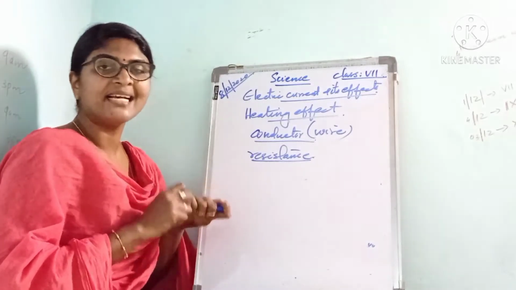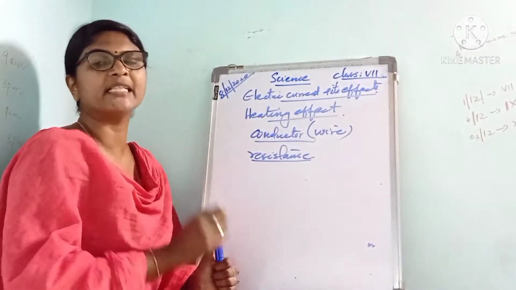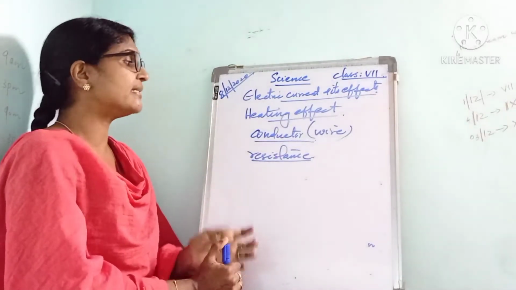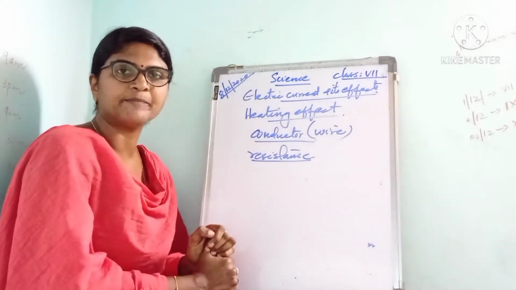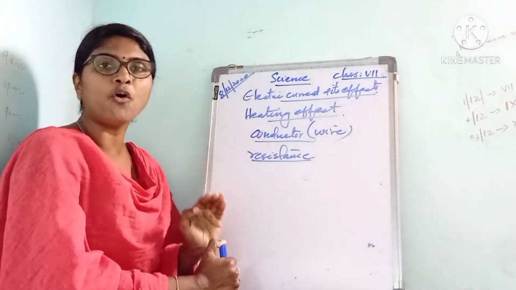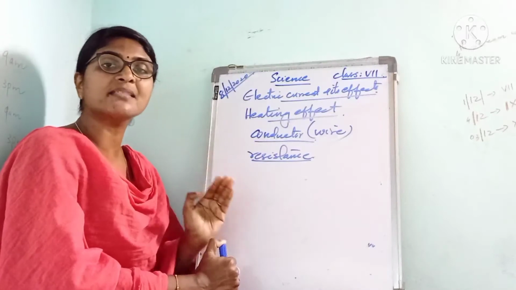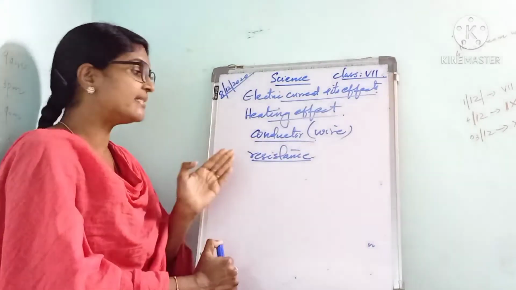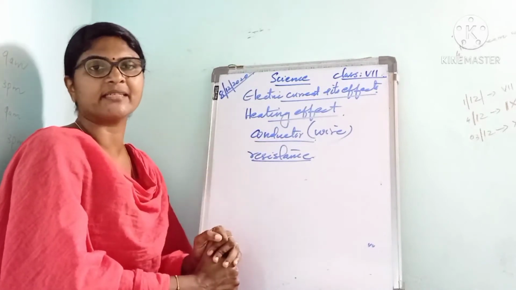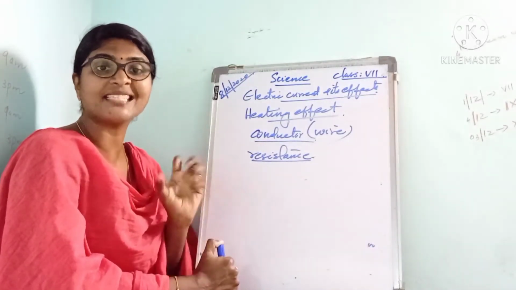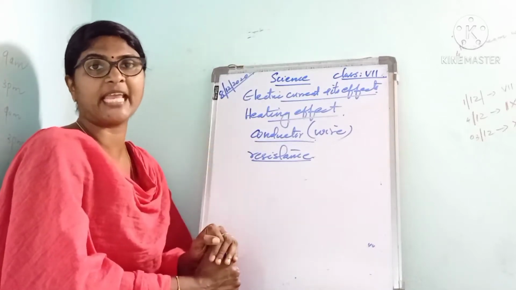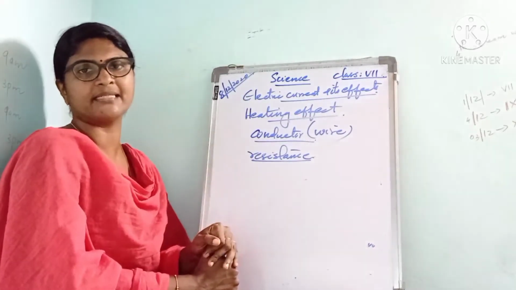Every material resists or opposes the flow of electric current that passes through it, and this is termed resistance. Even a good conductor such as copper wire has some resistance.